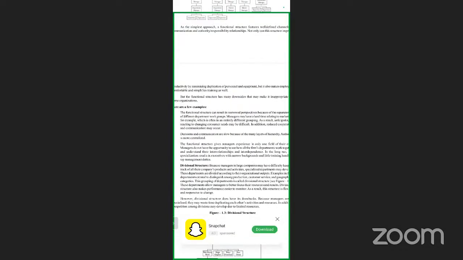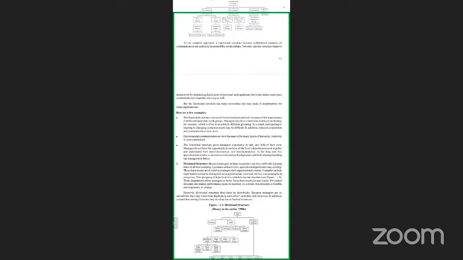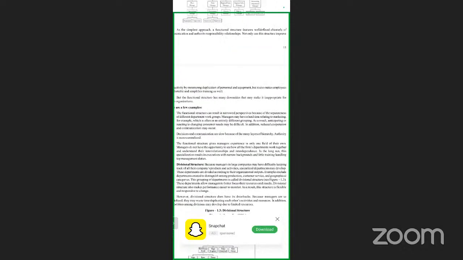Next, we have a few examples which are discussed. Decisions and communications are slow because of the many layers of hierarchy. Authority is more centralized here.